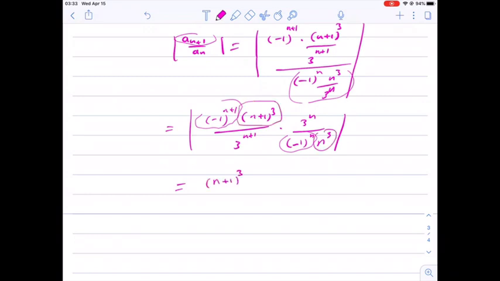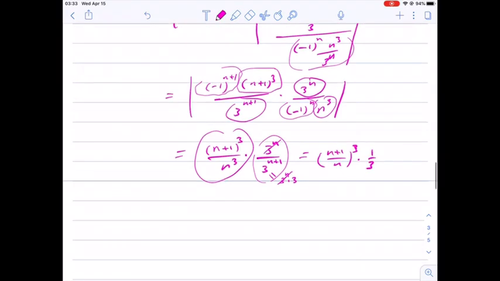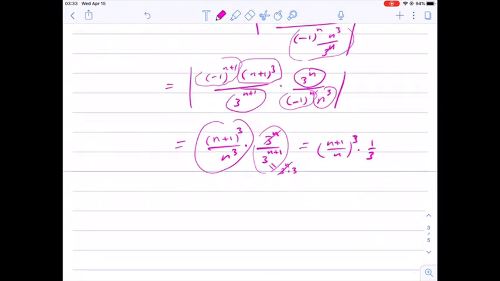So we have (n+1) cubed over n cubed times 3^n over 3^(n+1). Now we simplify. We can write this as ((n+1) over n) cubed. And what about the other part? The denominator is 3^n times 3, and then we cancel 3^n. We are left with 1/3. So we take the limit of the absolute value of a_(n+1) over a_n as n goes to infinity.